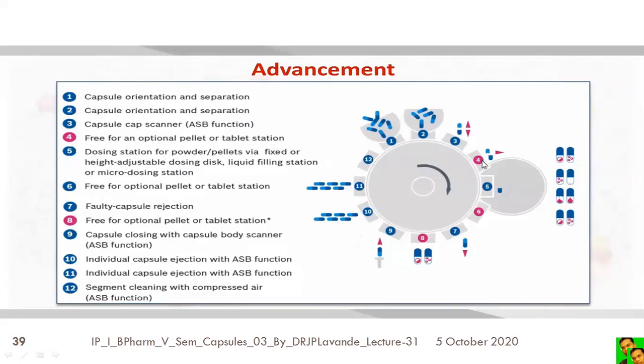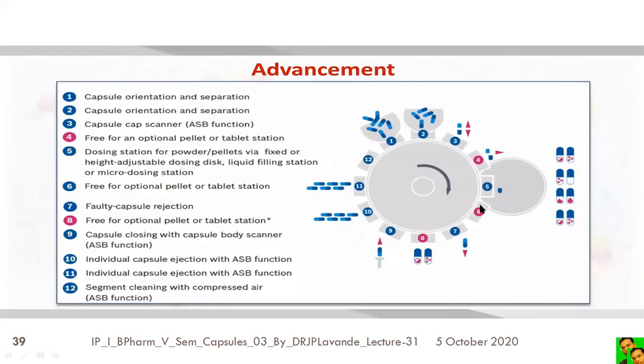The 4 is the free slot for optional pellet or tablet stations. The 5 is the dosing section. Here particularly is the dosing station for the powder or pellet via the fixed or height adjusting dosing disc, and the liquid filling station or microdosing station remains inside this fifth stage.